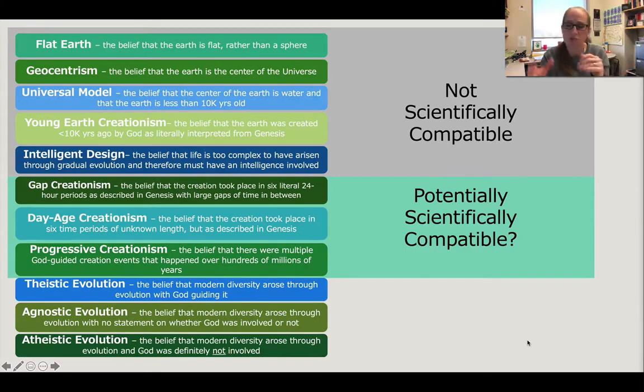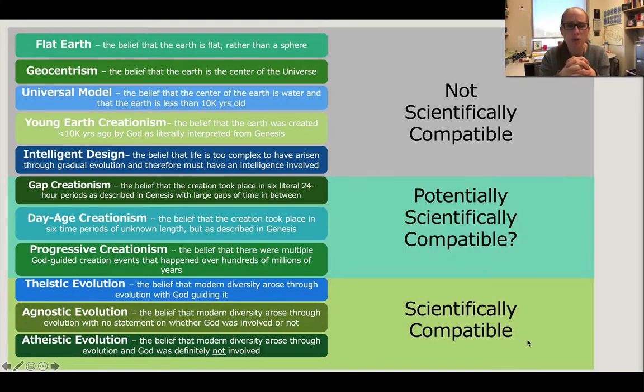But anyway, so those are potentially compatible. I hope that you can see that the last three are definitely scientifically compatible, right? Theistic, agnostic, atheistic. All scientifically compatible. They're looking at the evidence that exists, that science has uncovered, and saying, yep, that's totally realistic. The difference is I either believe that God was directing it, or I have no belief either way, or I believe that this destroys God. Okay? So those are scientifically compatible.